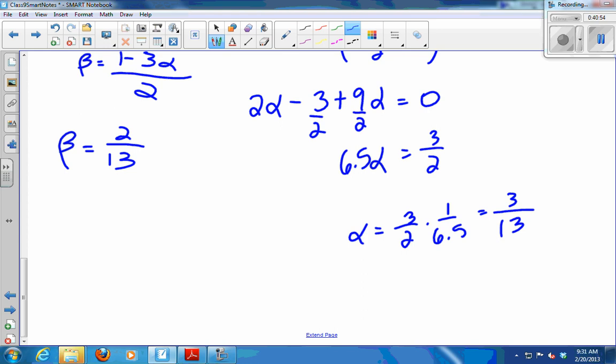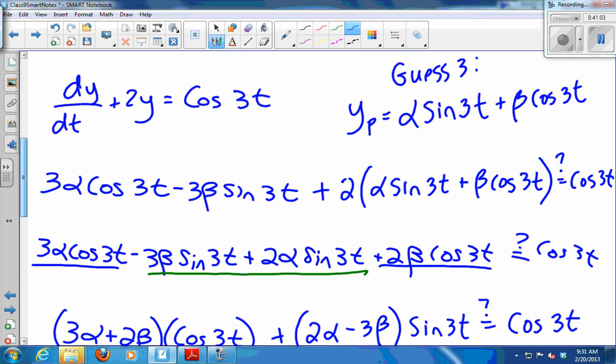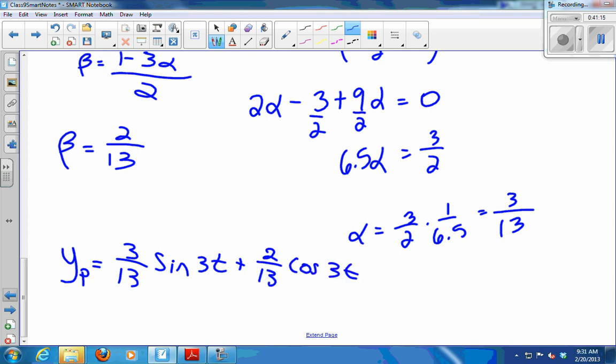So now I know alpha and beta. So I know that the y particular is alpha sine 3t, so 3/13 sine 3t plus 2/13 cosine 3t.